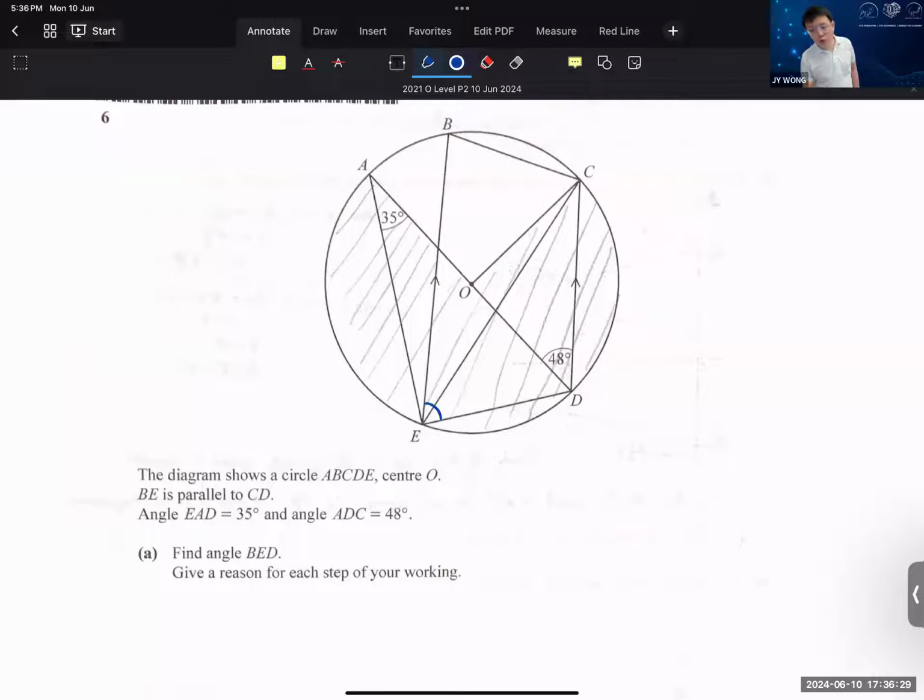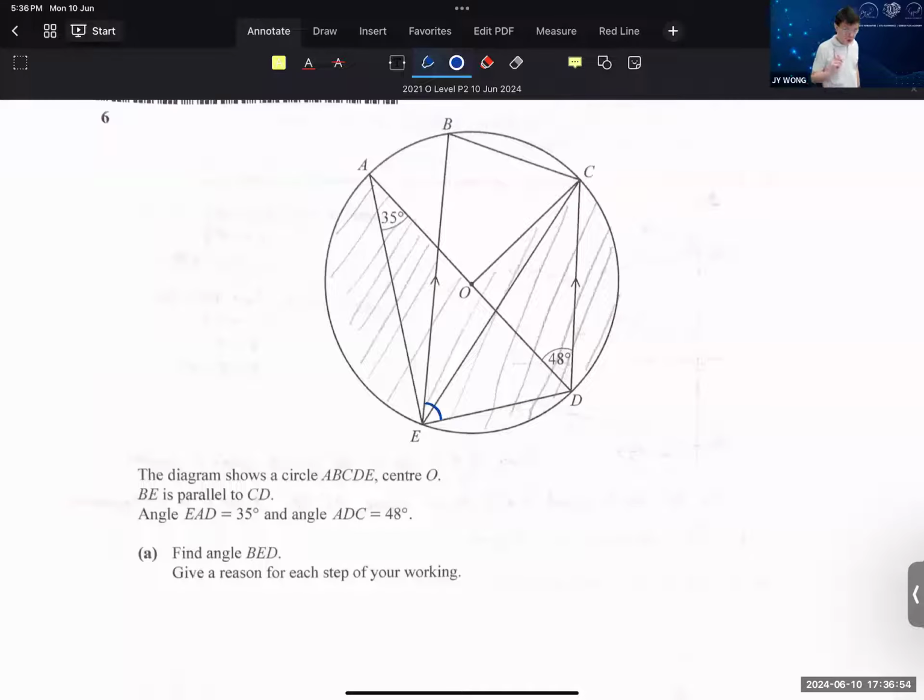Now, let's look at this diagram. You are given the 35. Anytime you are given angles like that, you look for angles in the same segment, because you have angles lying on the circumference, or angles at the center.